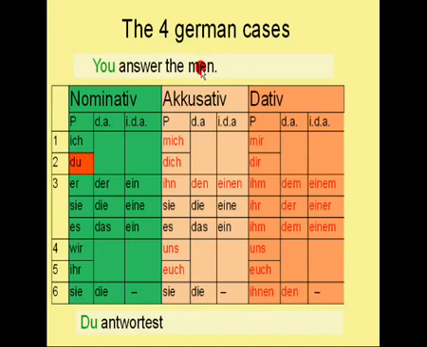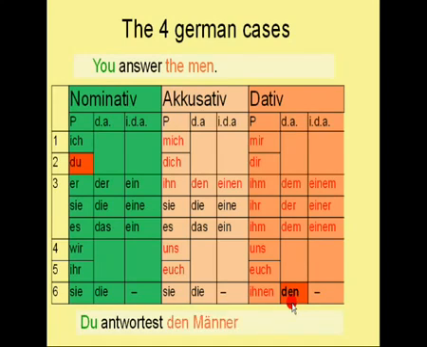And we have the noun men, which is a masculine plural noun. So what is the definite article for plural nouns in German? It is the article den. So now, as you learned in my previous lesson, Männer is the translation for men. So you might think, okay, the sentence must be Du antwortest den Männer.